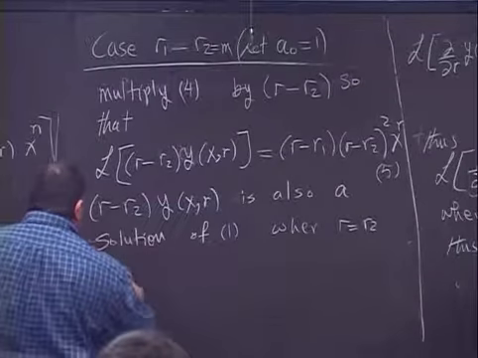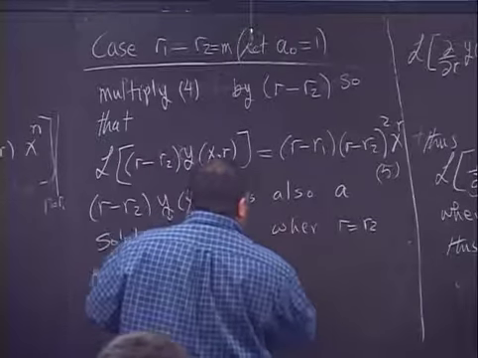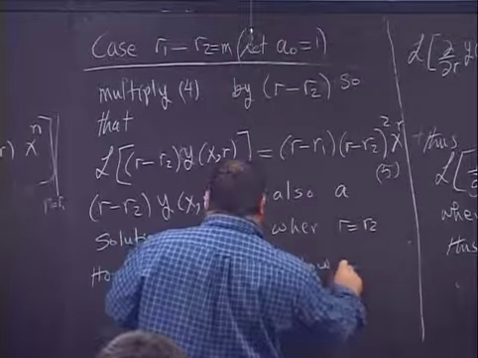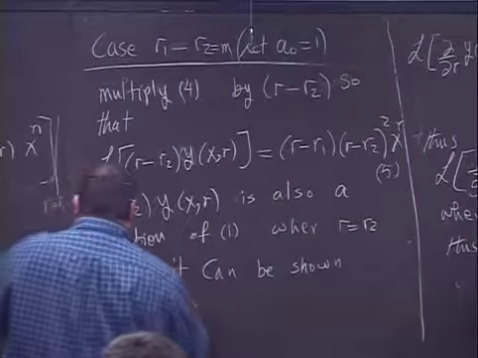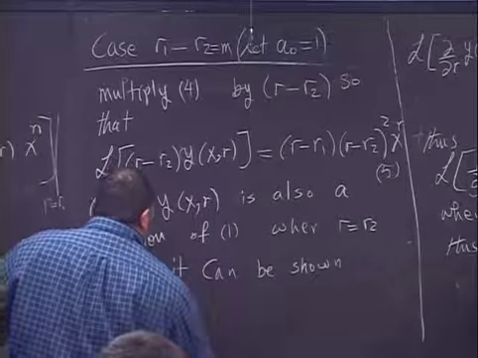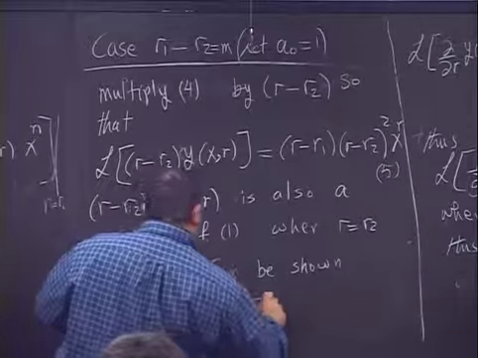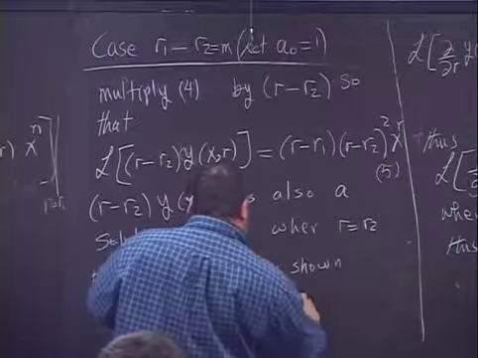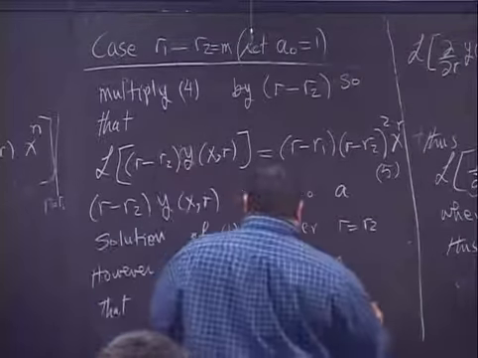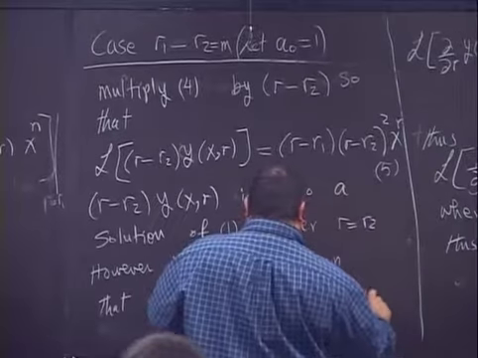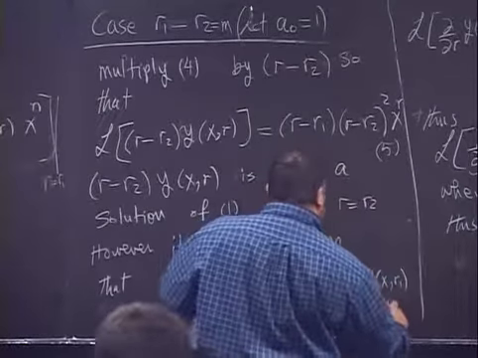However, it can be shown that the limit when r goes to r2 for r minus r2 multiplied by y of x and r will be just some constant c multiplied by y of x and r1, which is just c multiplied by y1.